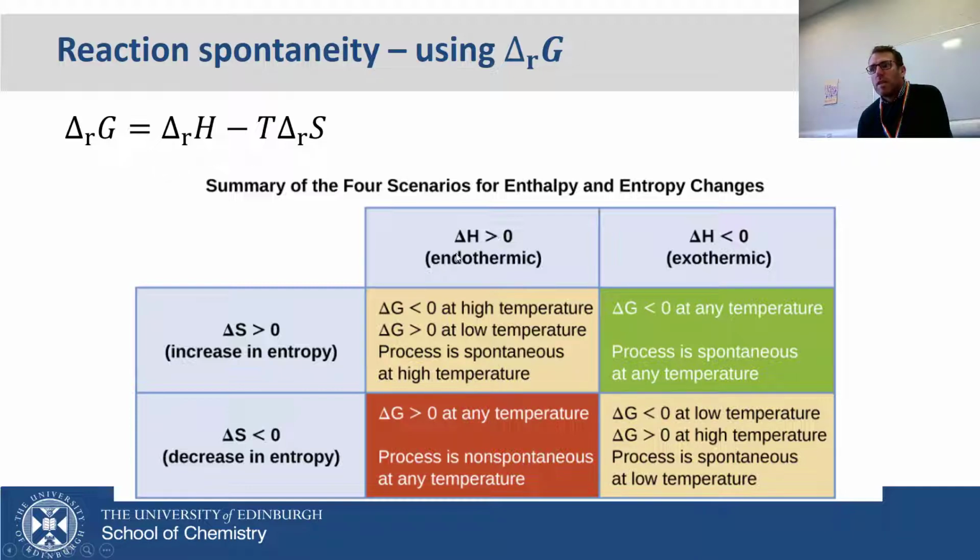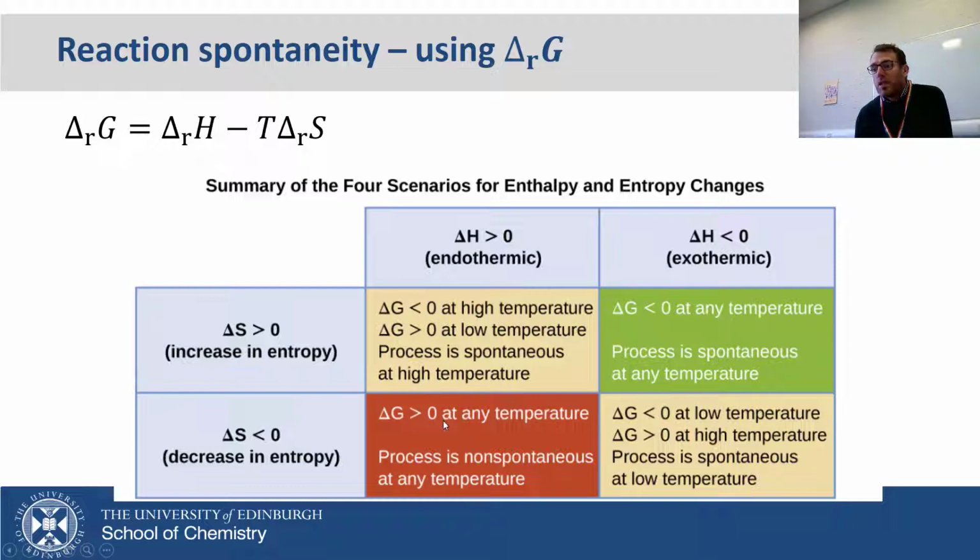So in situations where we have endothermic reactions, our reactions can still proceed, and it's what's called entropically driven. In other words, delta S is pushing it forward, even though it needs to take in energy from the surroundings. So delta G can be negative at high temperatures once the delta S value is positive.